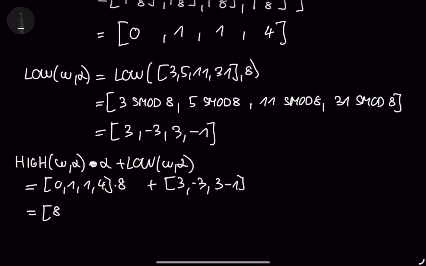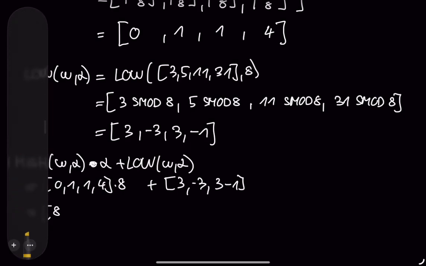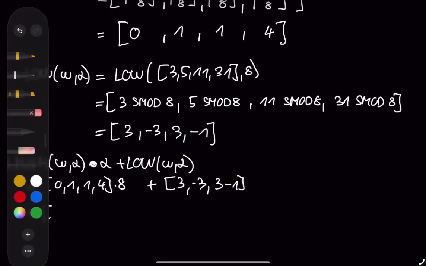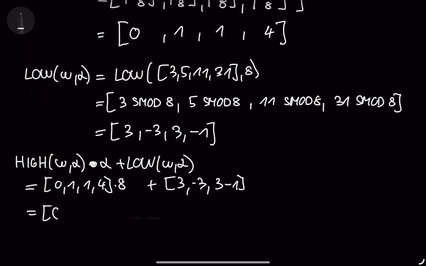Computing 0 times 8 gives 0, 1 times 8 gives 8, 1 times 8 gives 8, 4 times 8 gives 32, which modulo 32 is 0.